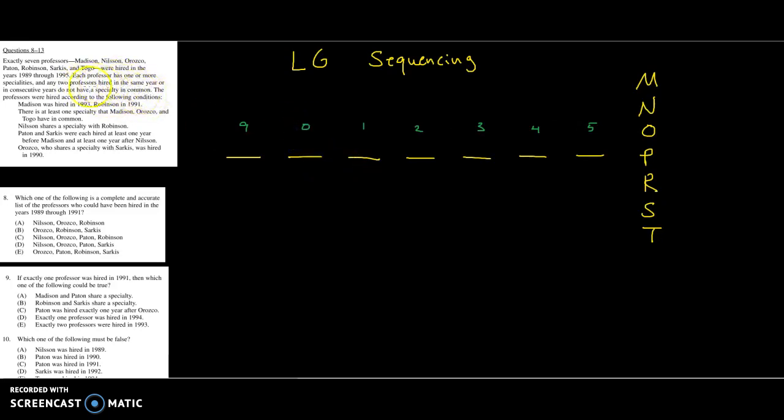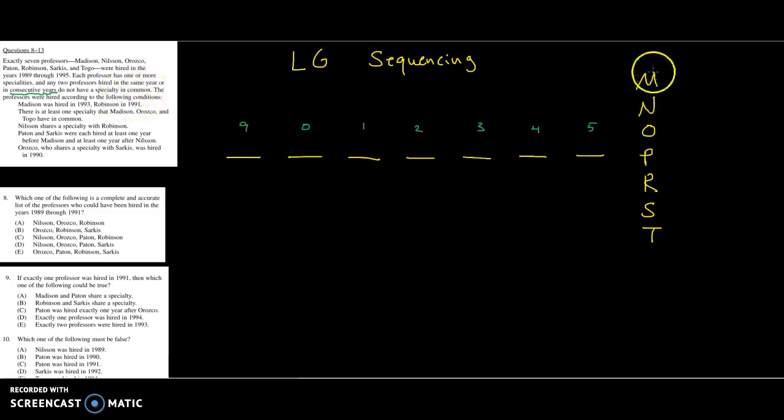It says that each professor has 1 or more specialties, and any 2 professors hired in the same year or in consecutive years. Now, this is a little bit confusing language here, but consecutive years would just mean the very next year, right? So if I have a professor here at year 0, the next year, year 1, or the year right behind it, year 9, they cannot have any specialties in common.